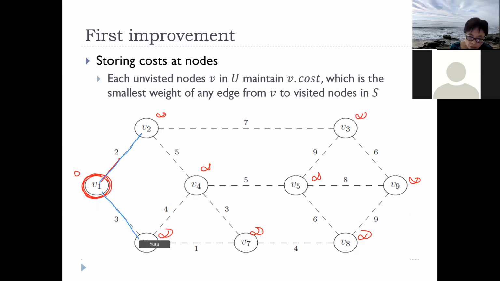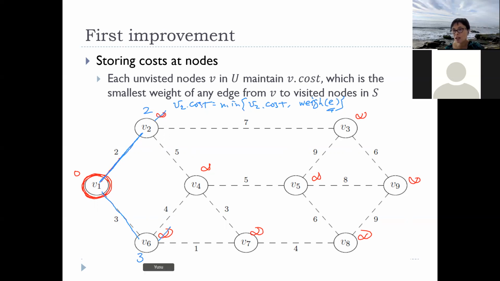When I look at edge V1, V2, I update the cost to be the minimum of whatever cost I had and the weight of the crossing edge reaching me. So now the cost of V2 is updated to be 2, and the cost of V6 is updated to be 3.